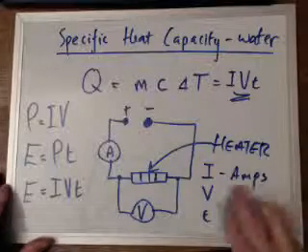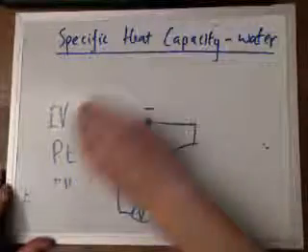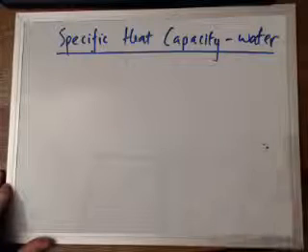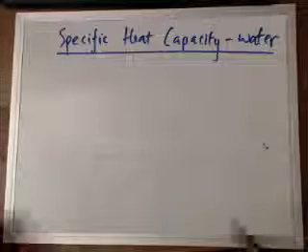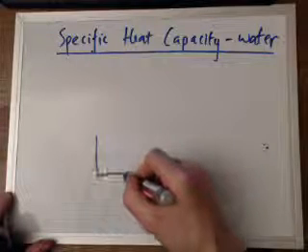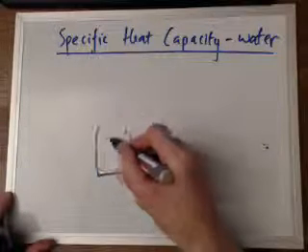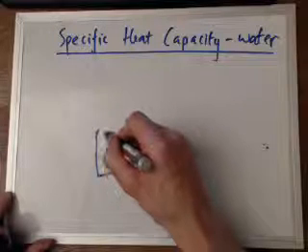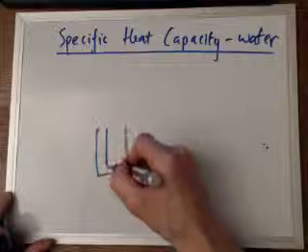So I shall rub this off now, and I'll draw the circuit again, but I'll draw it in water. So here we have our container, an insulated container full of water, and in here, let's say we'll have our heater.